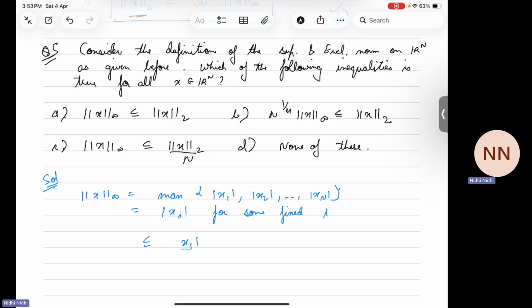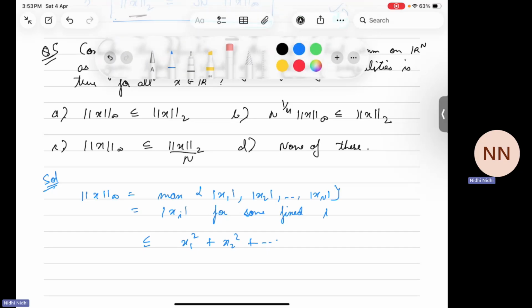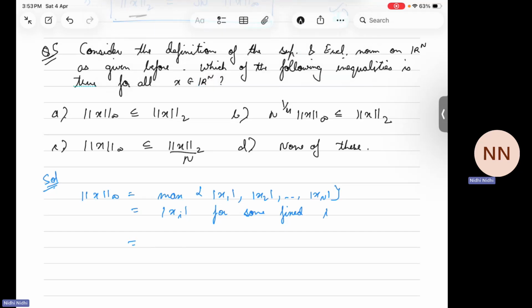And of course this will be less than or equal to the square root of x1 square plus x2 square up till xn square. For a better understanding, mod xi is equal to the square root of xi square.